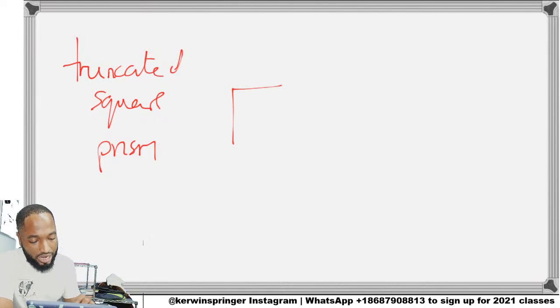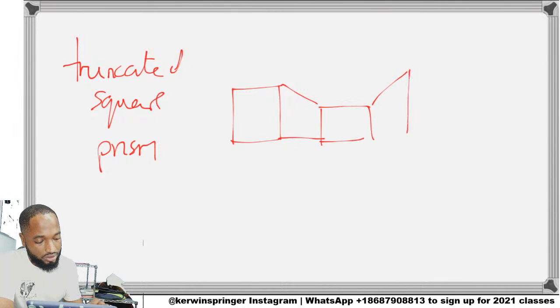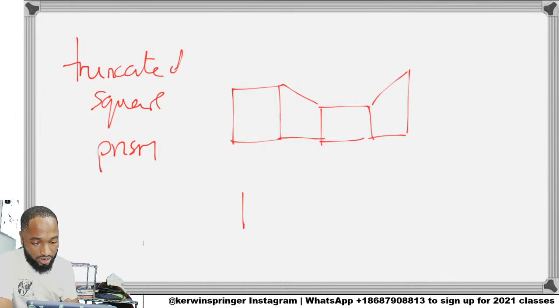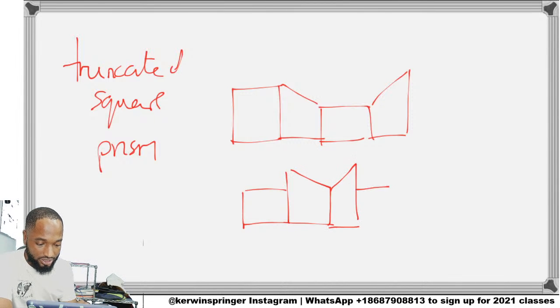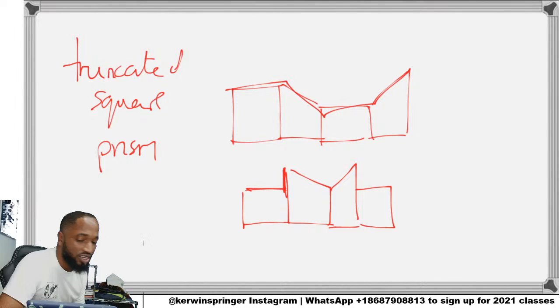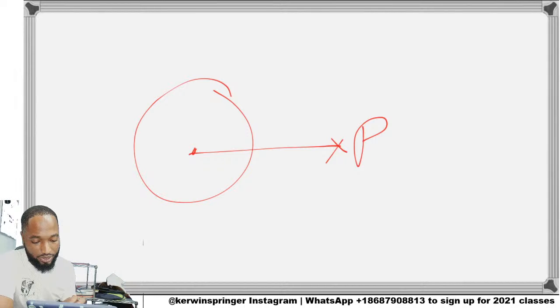It will always look something like this, with one piece showing that it was cut off. Never will it look something like a disjointed piece like this, where you have a big drop there. Everything must flow continually like that. Truncated square prism: the first step is connect the midpoints to the point P. Very good, when you're trying to create a tangent.